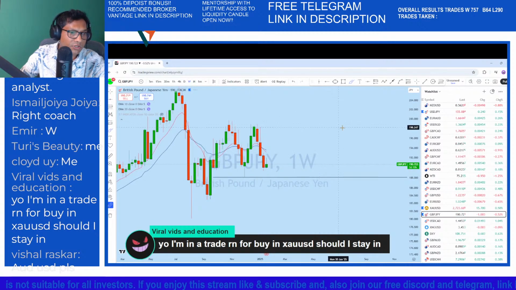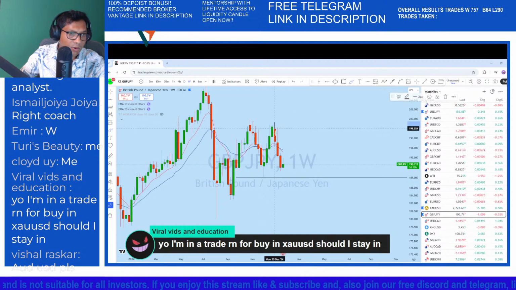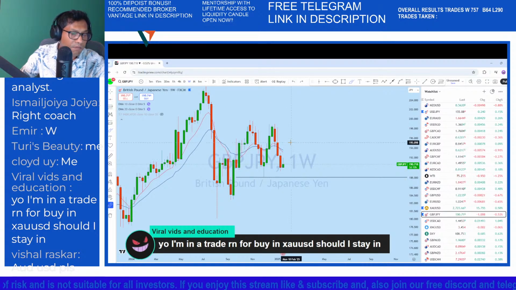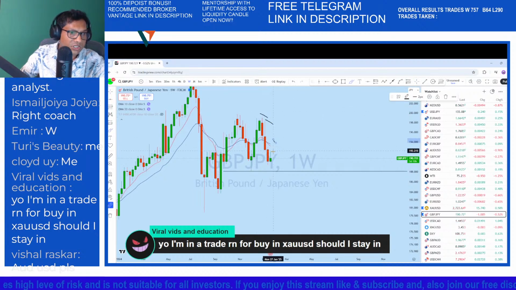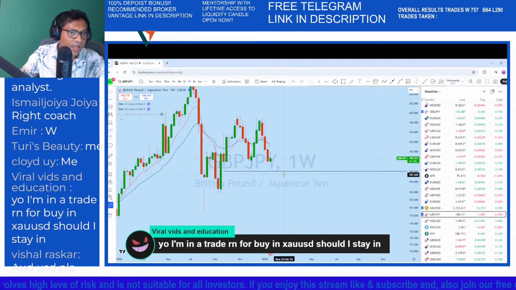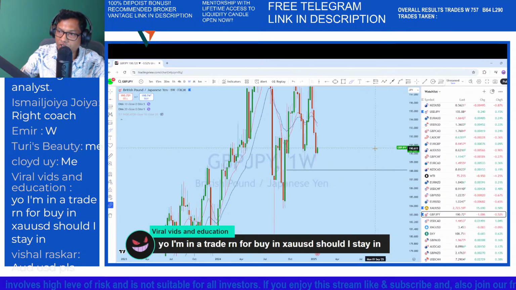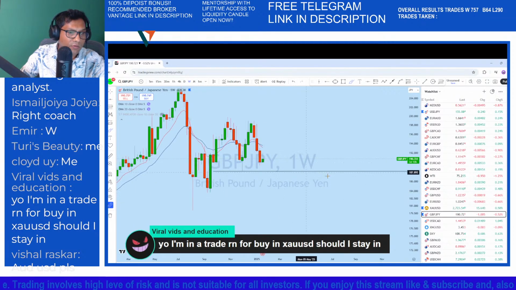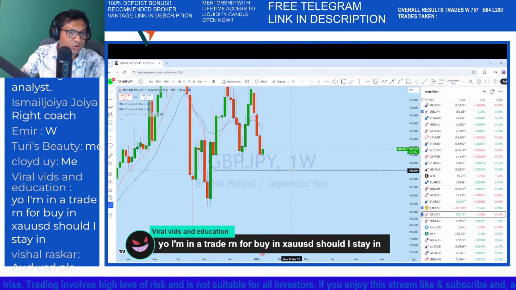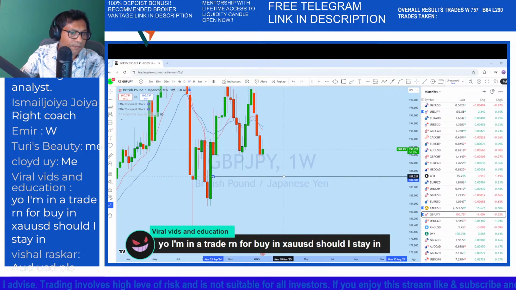If we look at the weekly perspective, we can see 1, 2, 3 weeks of important bearish candles here on GJ, and this is where the market forms a series of lower highs on GBP and JPY. With that series of lower high formation, expecting for this market to come back here to this support level.